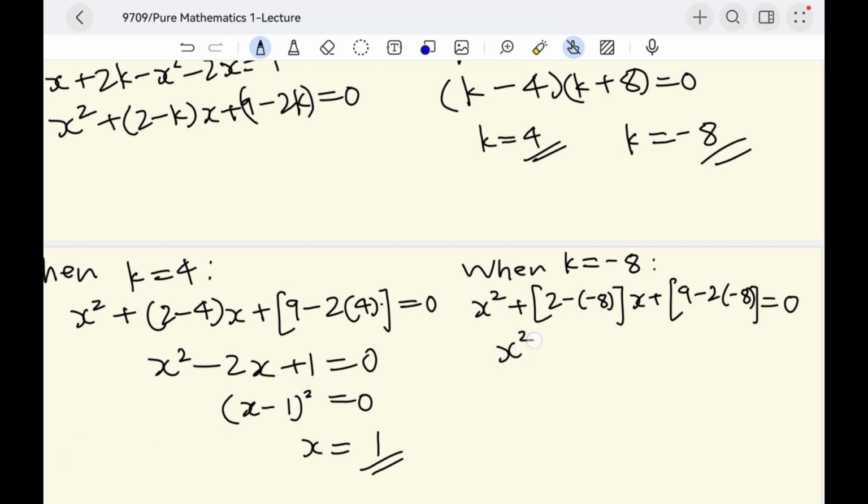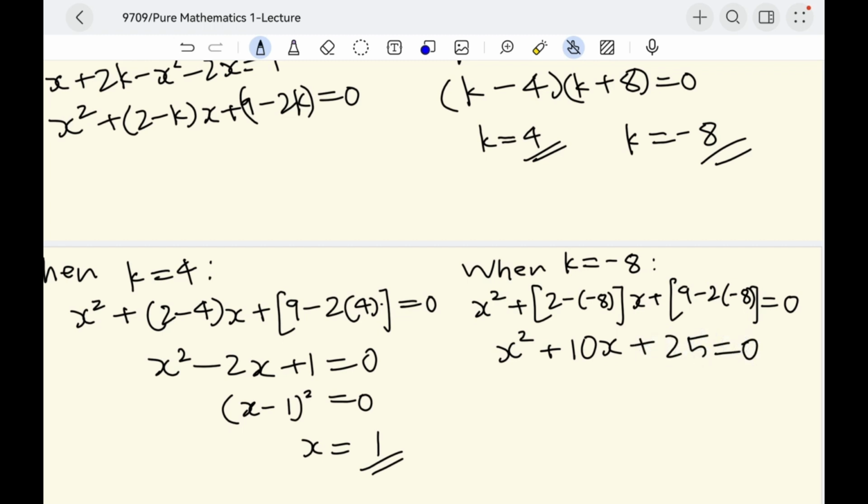Next, evaluate these two coefficients and the constant to get, here you get plus 10, here you get plus 7. Wait a second. Sorry, here is 25.